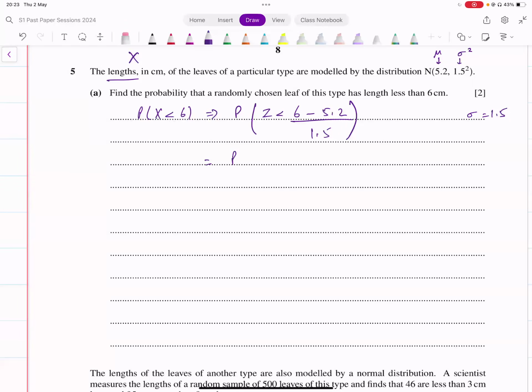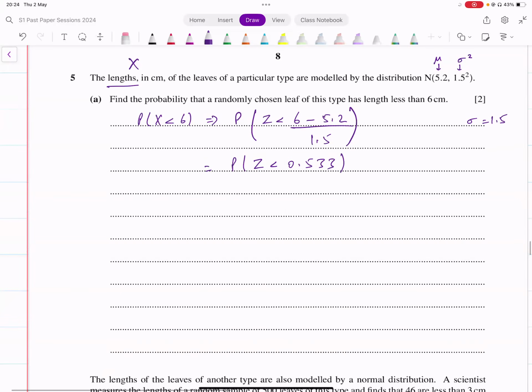Probability of Z less than 0.8 divided by 1.5, and that's giving me 0.533 to 3 decimal places, because the values of Z in the table are correct to 3 decimal places. Now, if it's the standard form already, Z less than a positive number, we can find this value directly from the table and that will give us the result.